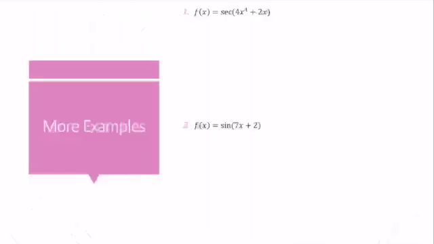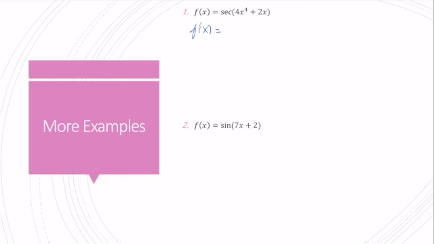So f of x equals secant of 4x to the fifth plus 2x. The derivative of secant is secant of x tan of x.